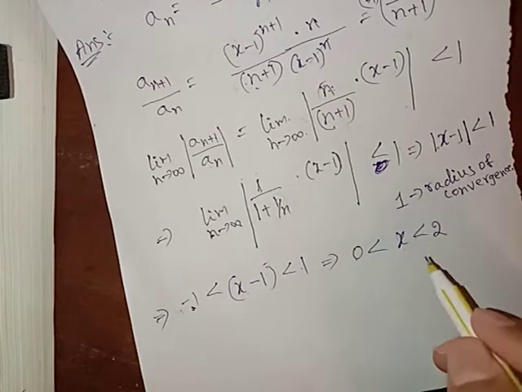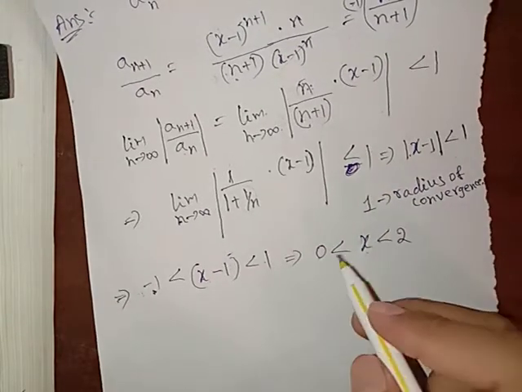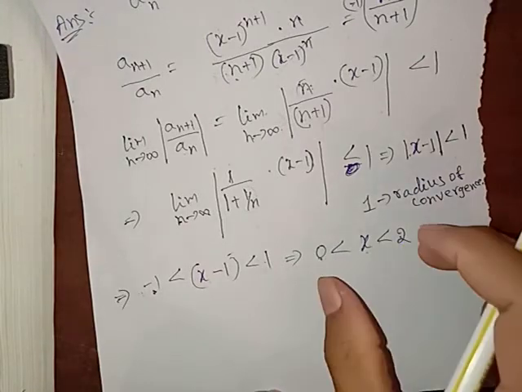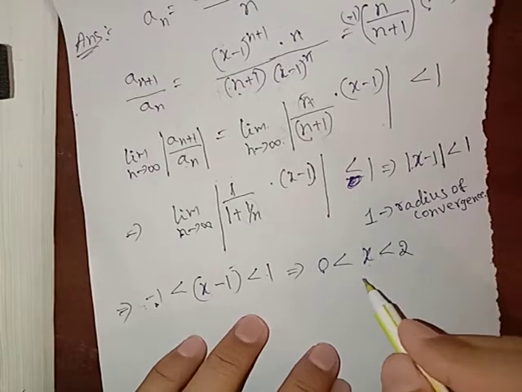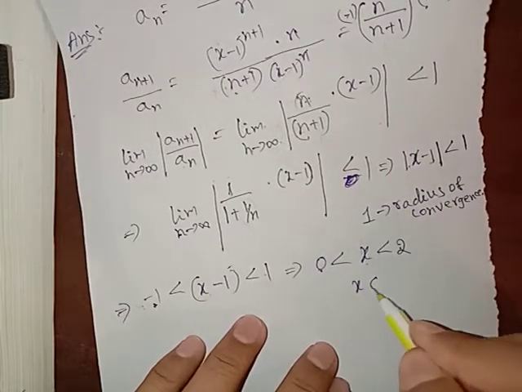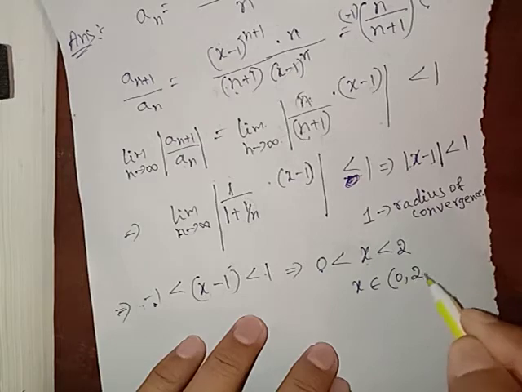So x lies between 0 and 2. This is the interval of convergence: x is from 0 to 2.